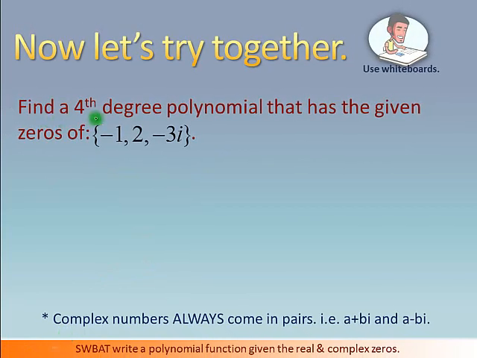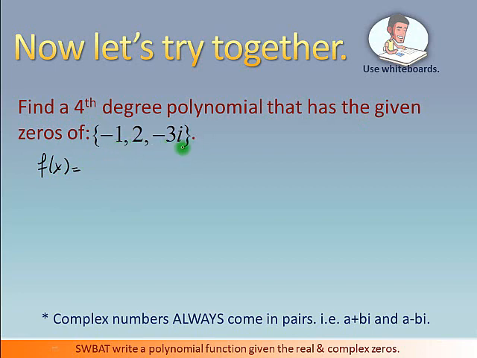Find a fourth degree polynomial that has the given zeros of -1, 2, and -3i. Start out the same way. We're going to name our function and write this a little bit differently. If it's fourth degree, I'm given 1, 2, 3.